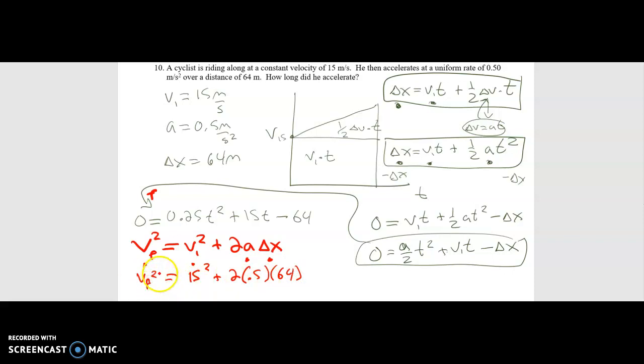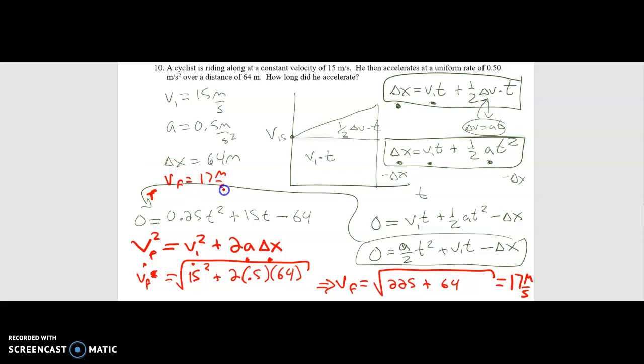So if we want to know just what VF is, we'll take the square root of all this. VF will end up being the square root of 225 plus 64, and whatever that ends up being, that's going to equal 17 meters per second. Then we can plug that back in: Vf equals 17 meters per second.